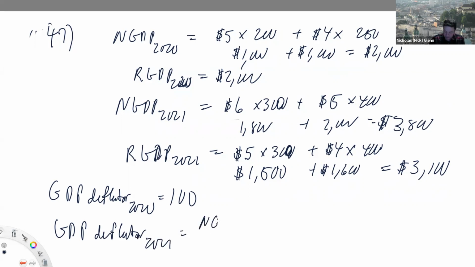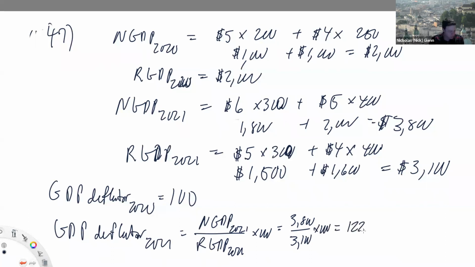The nominal GDP from 2021 over the real GDP from 2021 times 100. So it's going to be 3,800 divided by 3,100 times 100, and that's going to give us a deflator of 122.58.